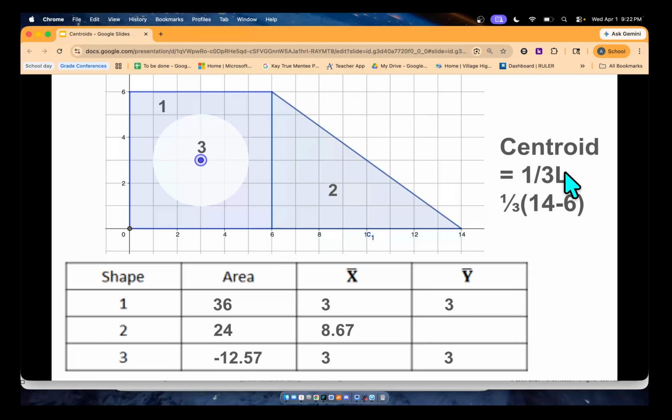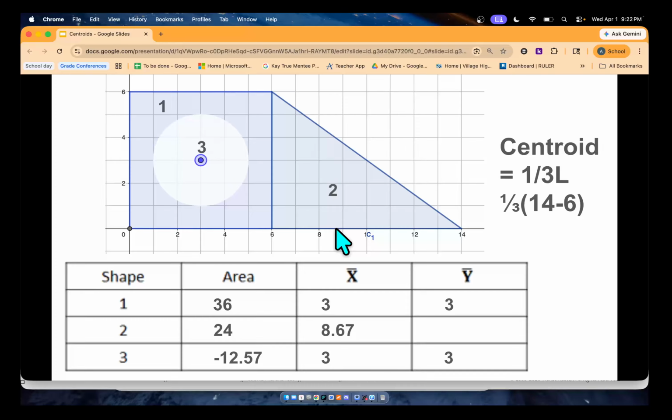So 1/3 of our length, 14 minus 6, that's going to end up being right about here. But then you take that and you add it from 6. So it ends up being like 2.67 is the centroid of the triangle. But we have to consider the origin point, which is why it's 8.67.